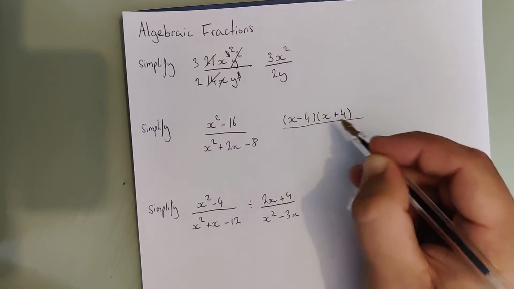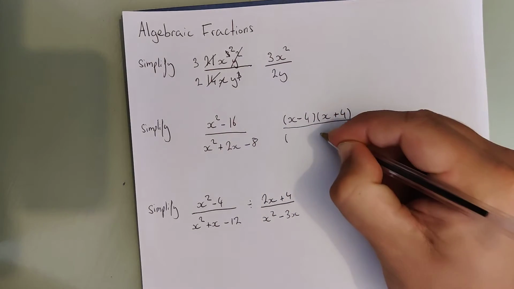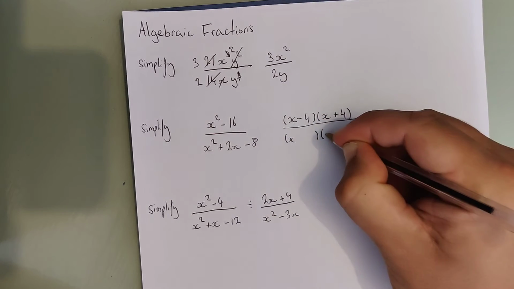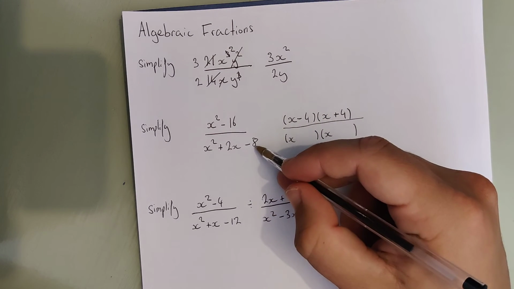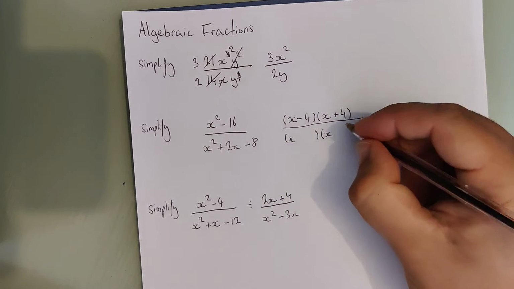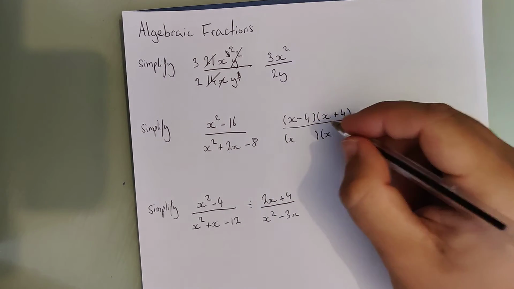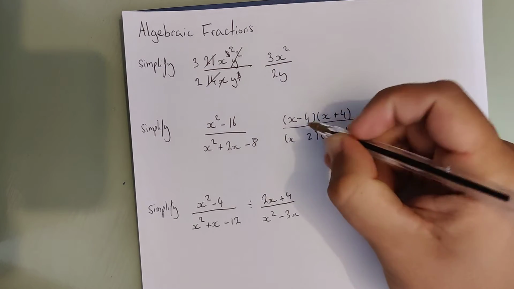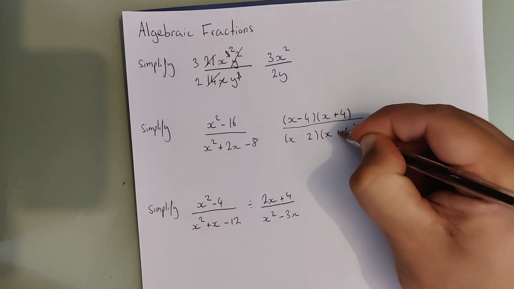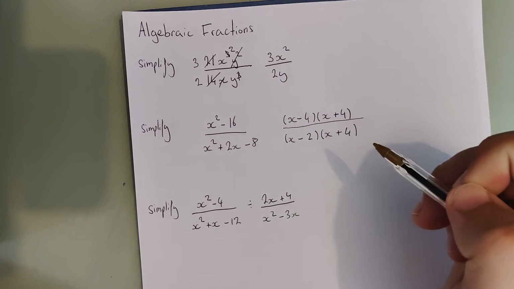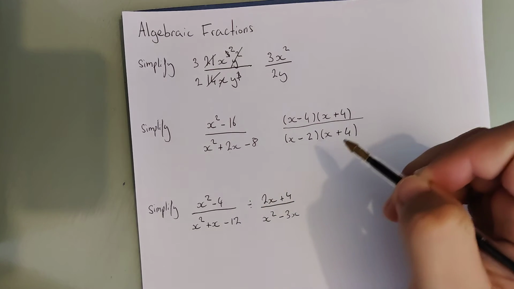Over, we know it's going to be x's here, so we want an 8 and we want 2x, so 4 times 2 is 8, and plus 4x minus 2x will give us this 2x value.